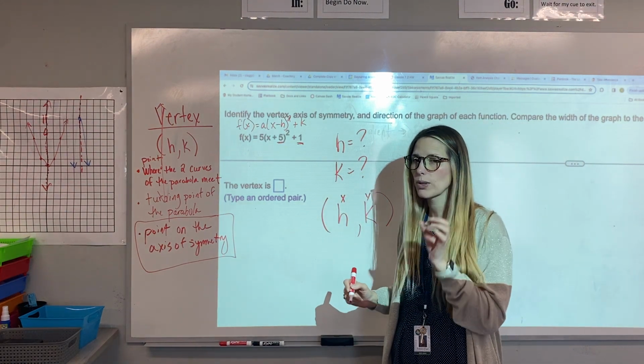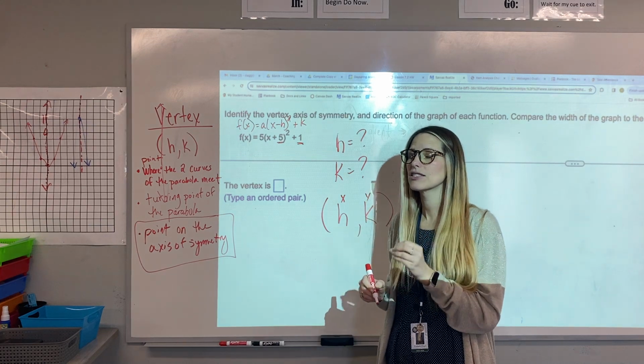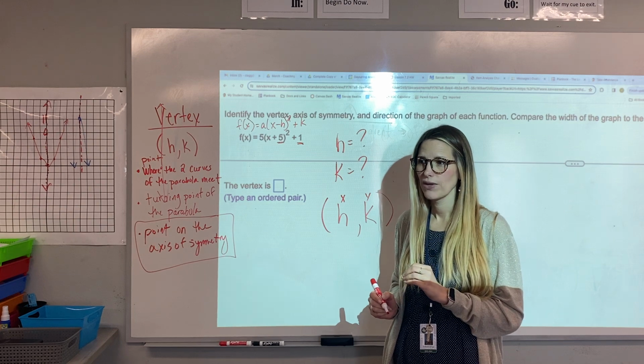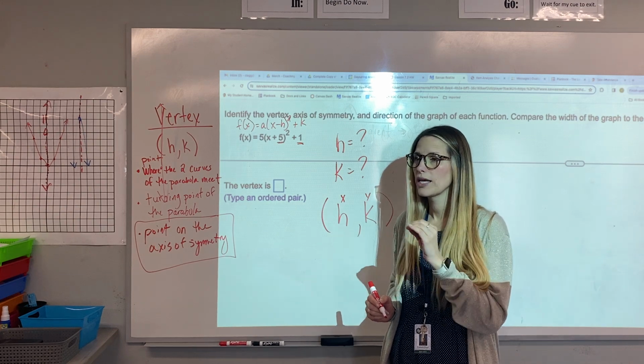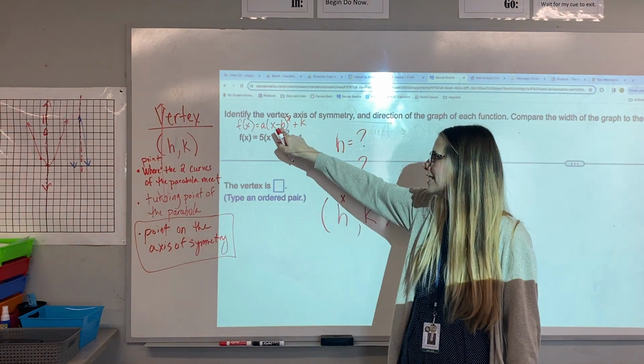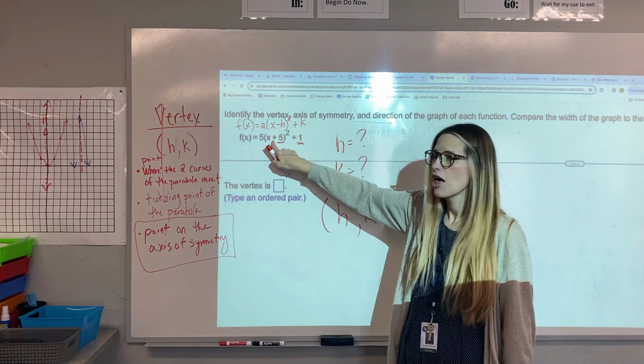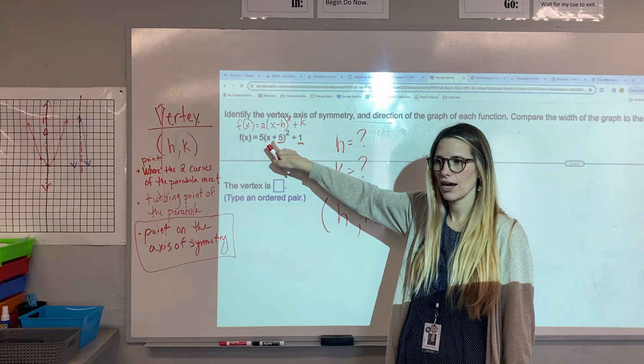Now pause for a quick second, because this is where you could get really confused about identifying the vertex. The signs are so important. H stands for get that sign the heck out of there.